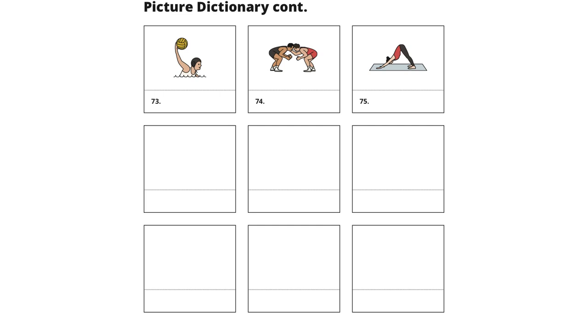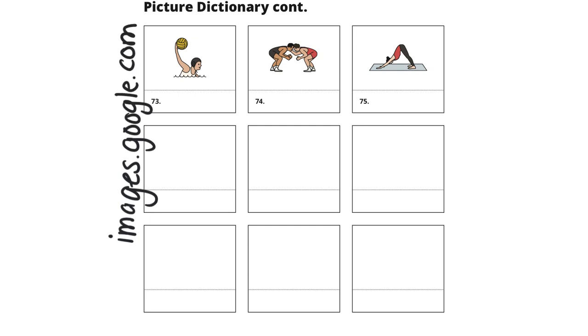On the last page, there are spots for you to add your own pictures and your own sports. You can use Google Images, or I'm going to write it on the side here, images.google.com to find the pictures that you like and you want to draw on your paper.